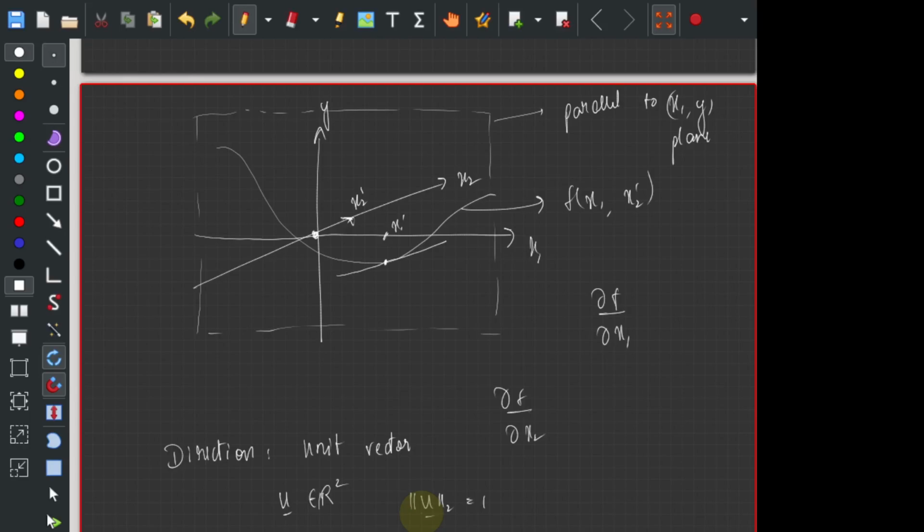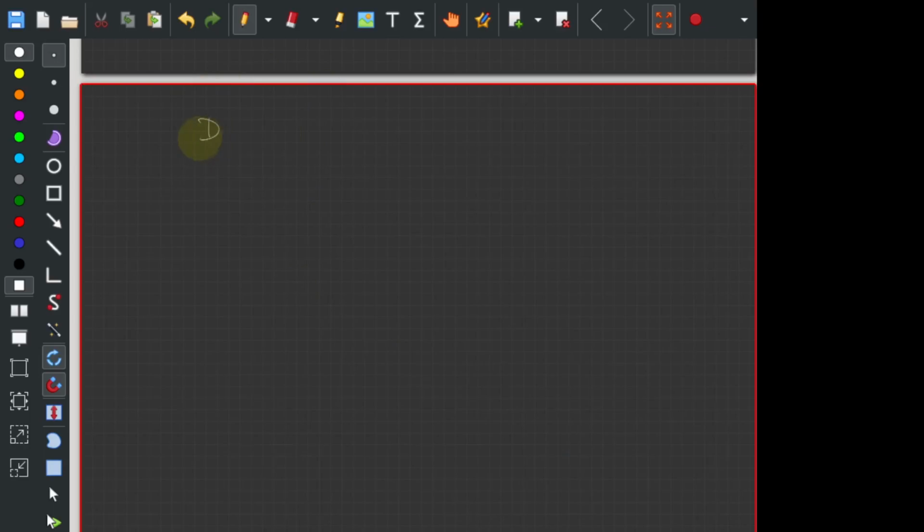So it's just the dot product, so that would be the directional derivative along the vector u, and that would be essentially the inner product of u with this vector, which is dou f by dou x1, dou f by dou x2.